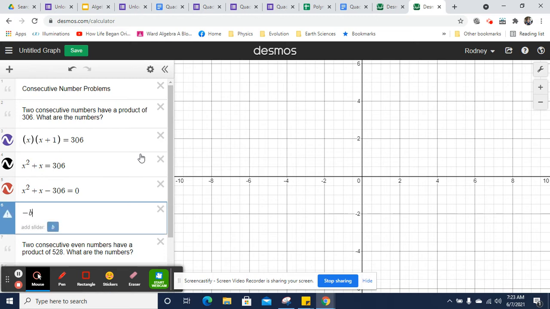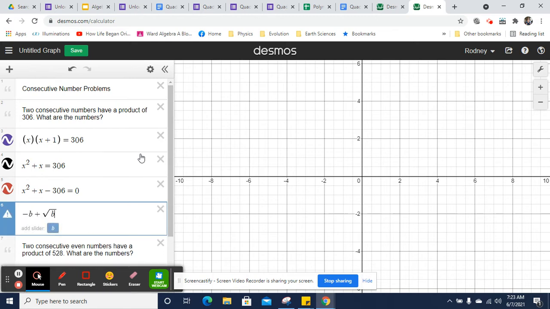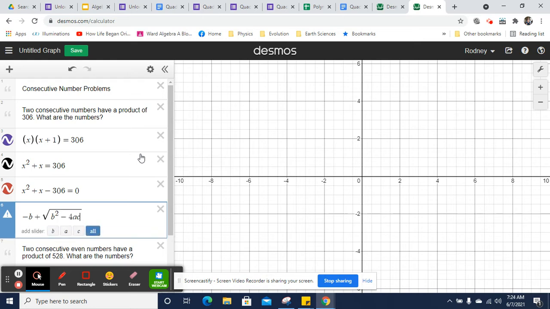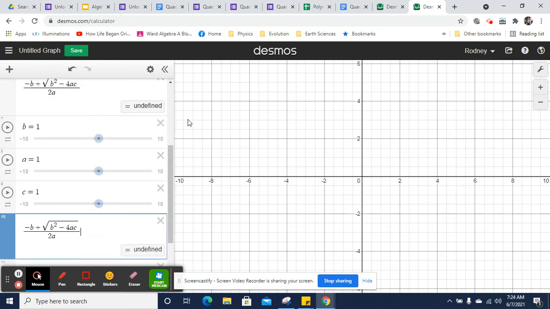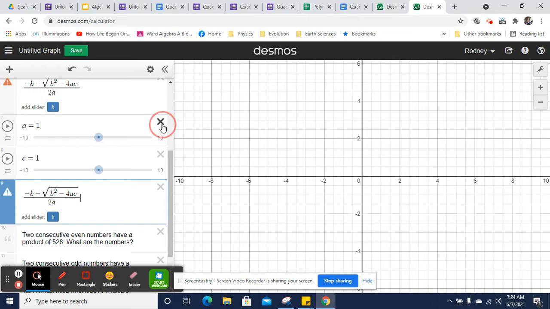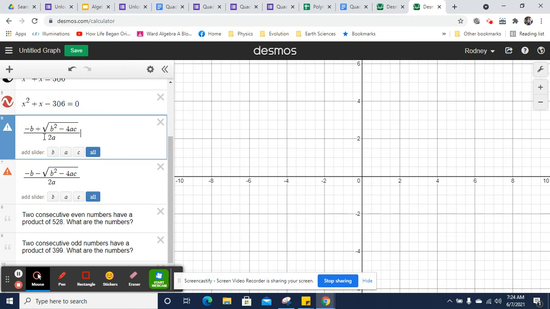So negative b plus the square root of b squared minus 4ac all over 2a. And let me get rid of my parentheses. I'm going to do the negative version of it as well. Okay. And I'm just going to plug and play.